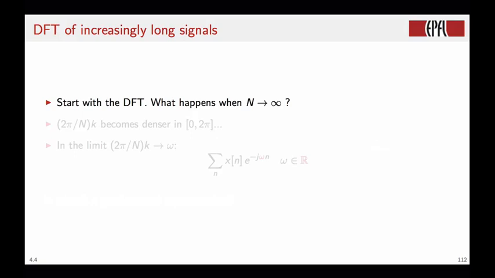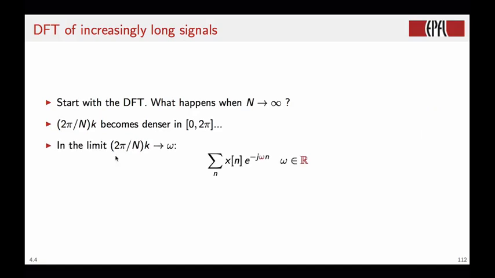We can start with a DFT, and we can see what happens when the length of the signal goes towards infinity. Intuitively, remember, the fundamental frequency of the Fourier basis in C^N is omega equal to 2 pi over N. As N goes to infinity, omega becomes smaller and smaller, and the set of frequencies in the 0 to 2 pi range becomes denser and denser.